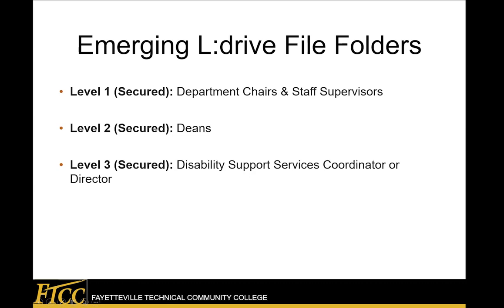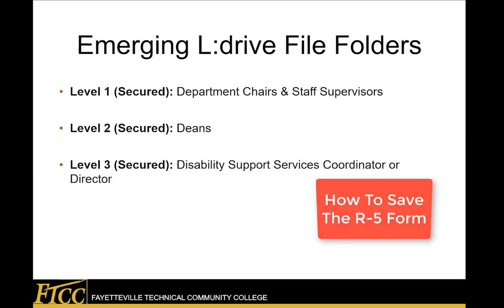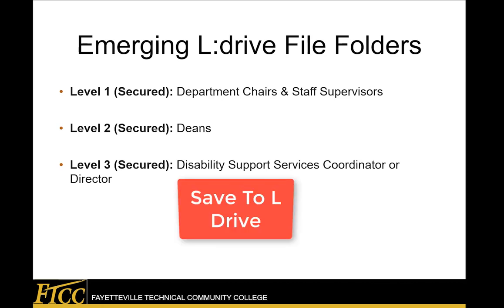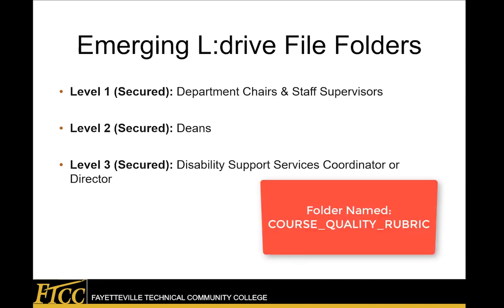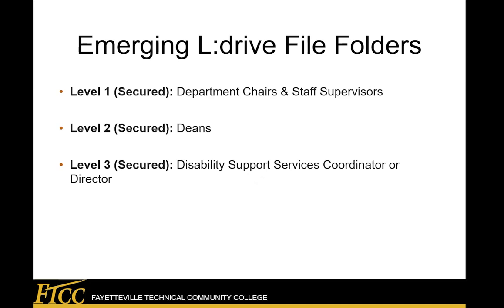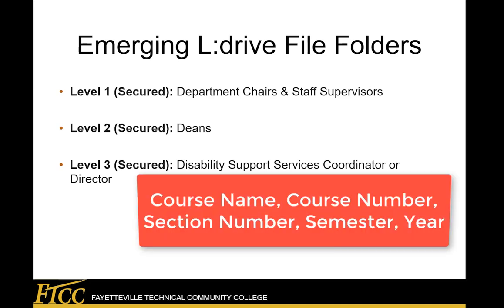Next, we will discuss how to save the R5 forms for each course. Once the R5 forms are completed by academic departments or programs, the reviewer will save the data into the L drive file folder named Course Quality Rubric. The R5 forms will be saved as follows: course name, course number, section number, semester, and year.